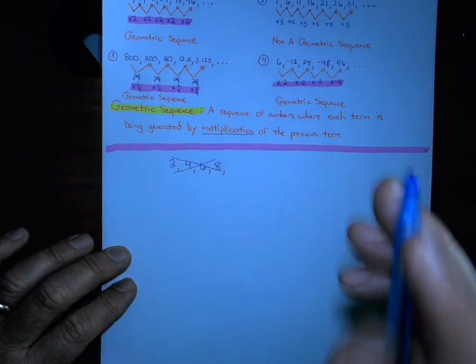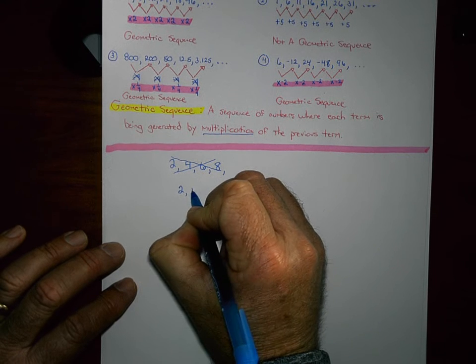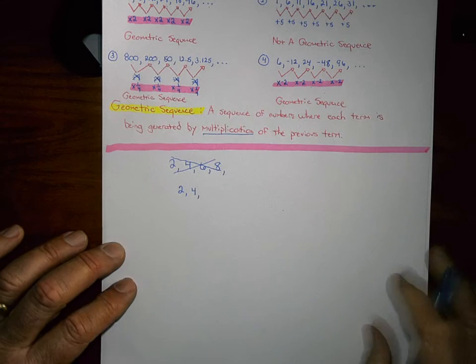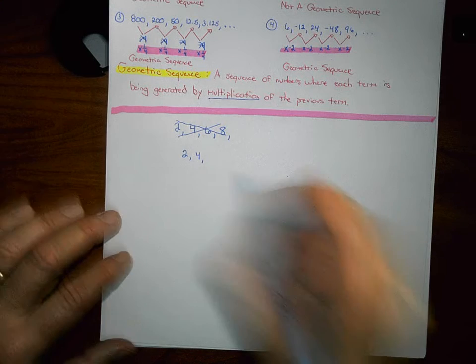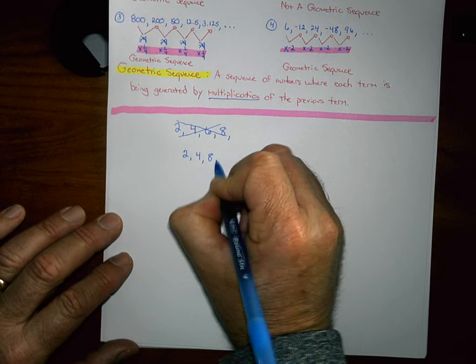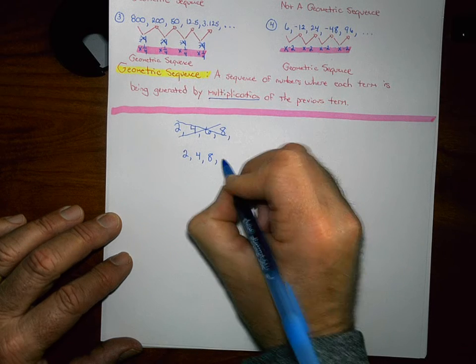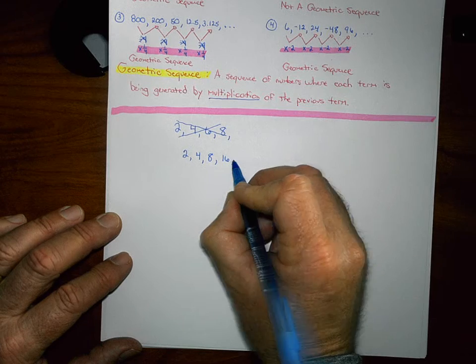So now let me write down a geometric sequence. How about 2, then 4. I'm going to be multiplying by 2. So what's my next number, Elise Ward? 8. That was good. Wonderful. Naali, what would my next number be? 16. Good. Dylan, what would my next number be? 32.